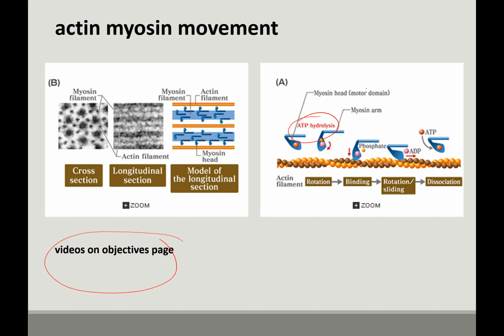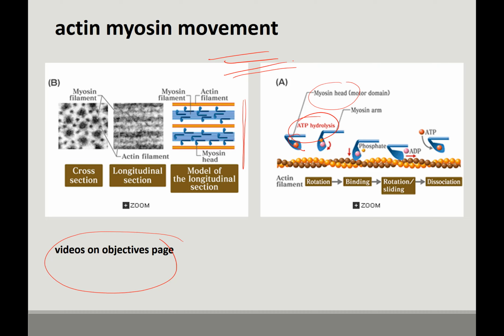And you have the myosin head, which is doing the ATP hydrolysis, and you have this cocking, binding, pushing and release. And so the thick and thin filaments of a muscle are going to slide with respect to one another in contraction and then slide back when your muscles relax.